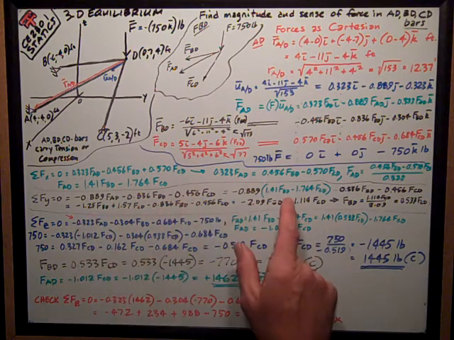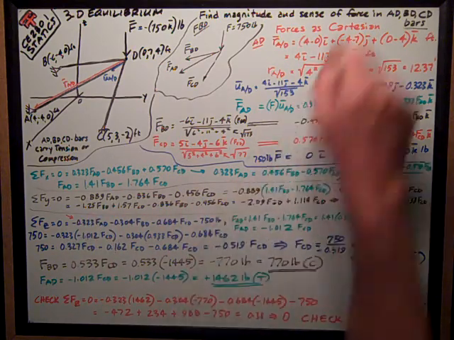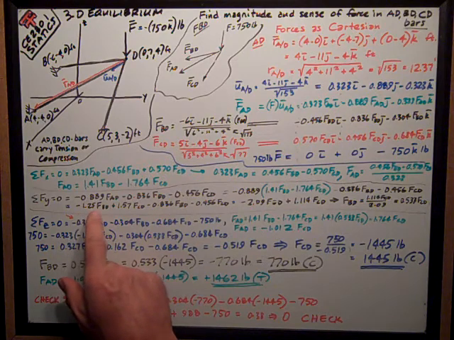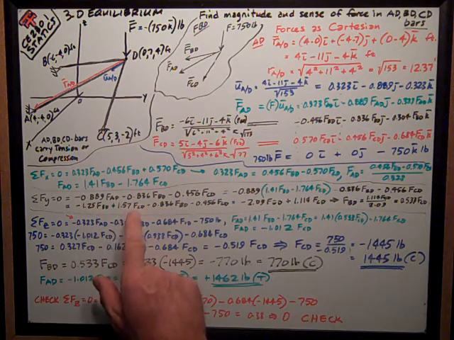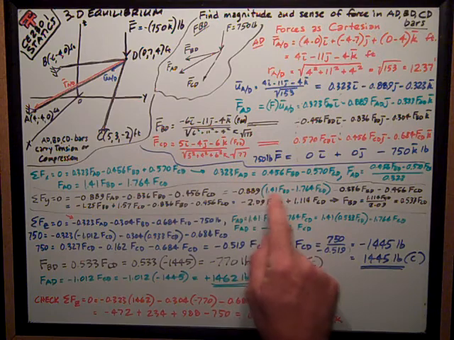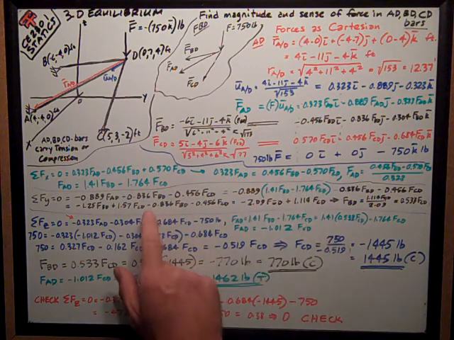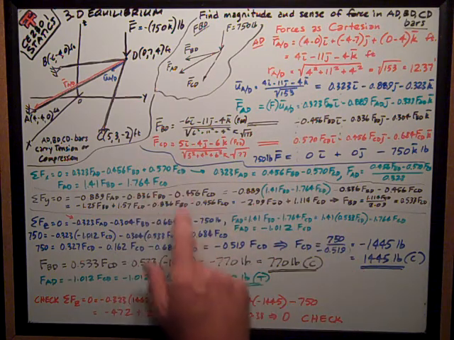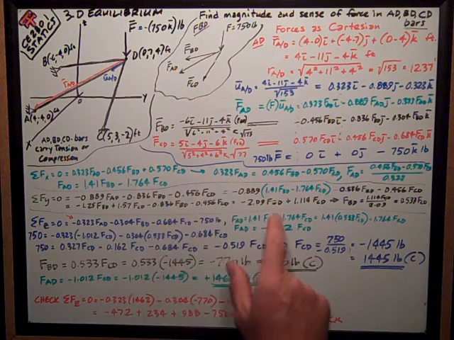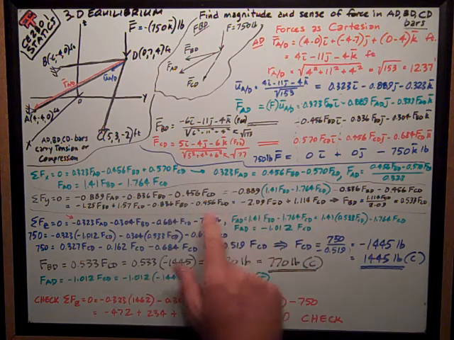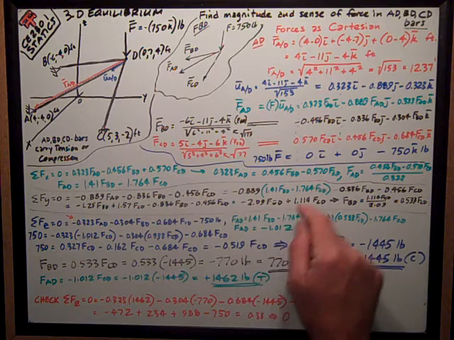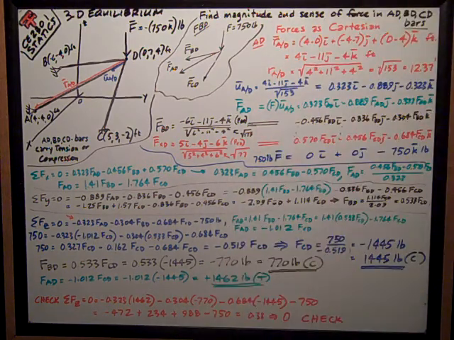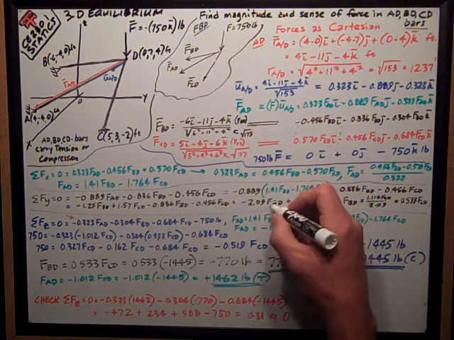When I multiply this out, I end up with negative 1.25 FBD plus 1.57 FCD, that's just this number times these 2 numbers, minus those 2 components, FBD and FCD. Combine the common terms and I get negative 2.09 FBD plus 1.114 FCD.